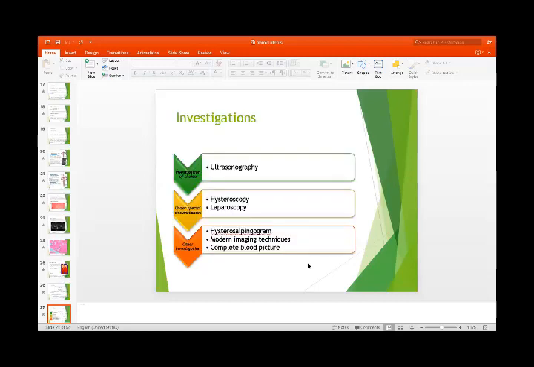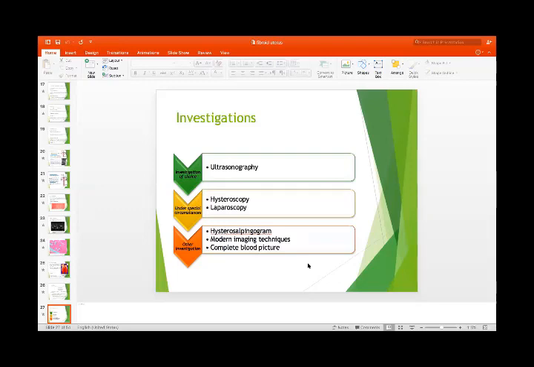Now, how can we diagnose fibroids? We will start from the history and examination. On abdominal examination, if it is a huge fibroid, you can palpate a firm globular mass in the lower abdomen. And if it is a pelvic mass, then you can detect it on bimanual examination. Then come the investigations.